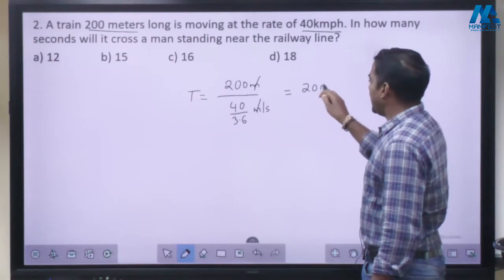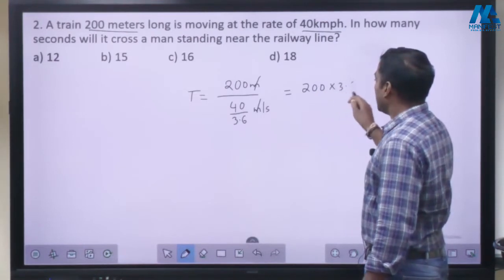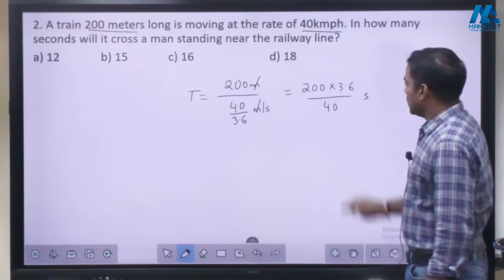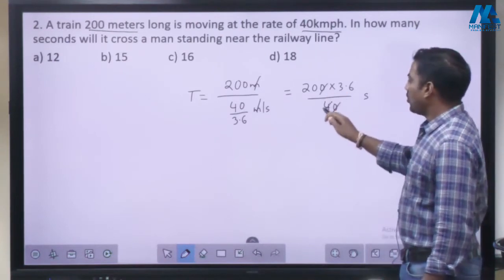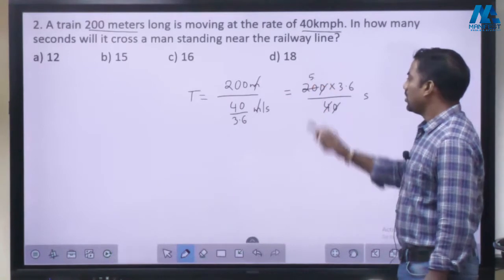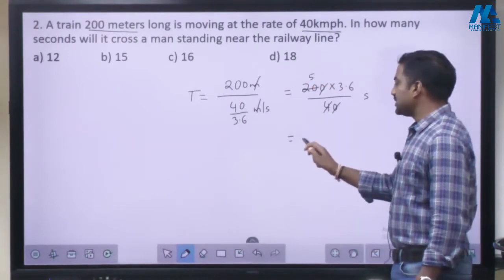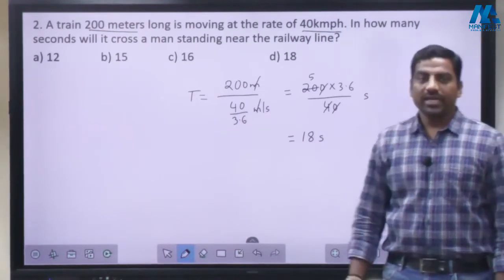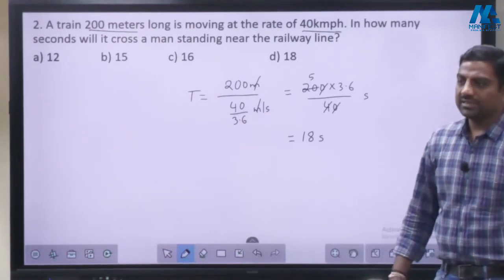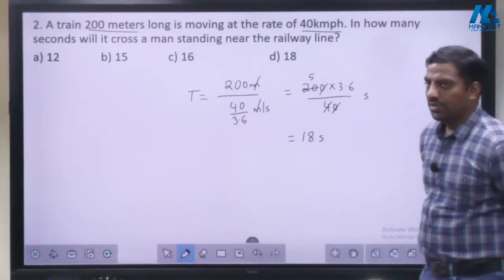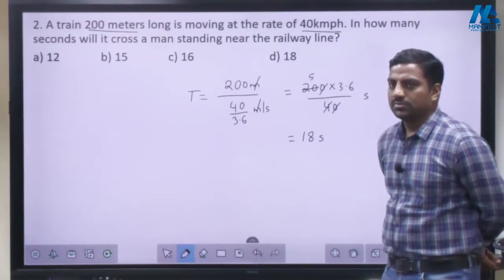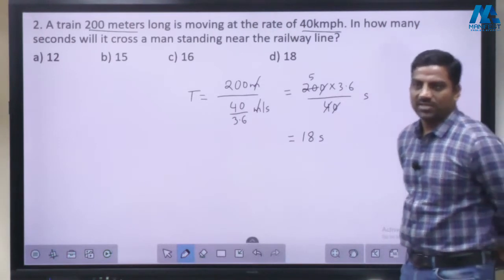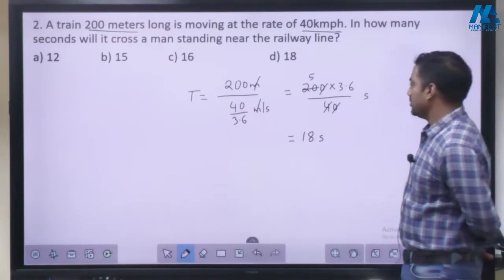So this is nothing but 200 into 3.6 divided by 40 seconds. 0, 0 get cancelled. 4 ones are 4, 5s are 5, into 3.6, 18 seconds. Yes? No problem. Understood the concept? Nothing much here. Next question.